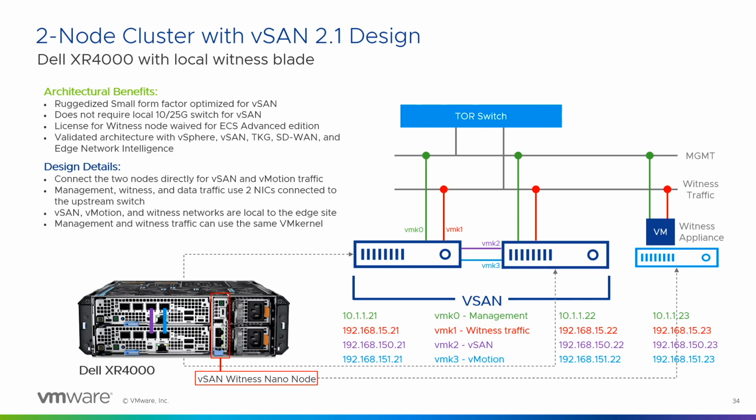So in this case, I have them separated, meaning that there's a separate network, 192.168.15.x, for the witness traffic, and that's separated from the management network, right? And so in this case, witness traffic, vSAN, vMotion are all local networks to that specific edge site, and there's no need to propagate those networks to the rest of your enterprise, right? Meaning they'll just stay local, everything's local there.